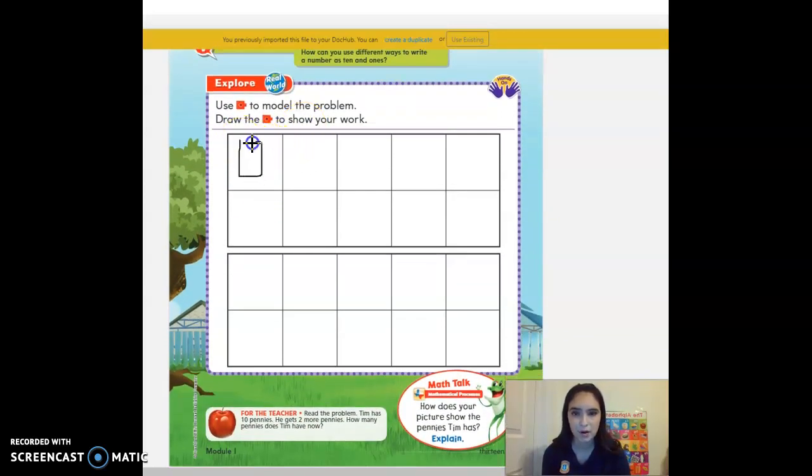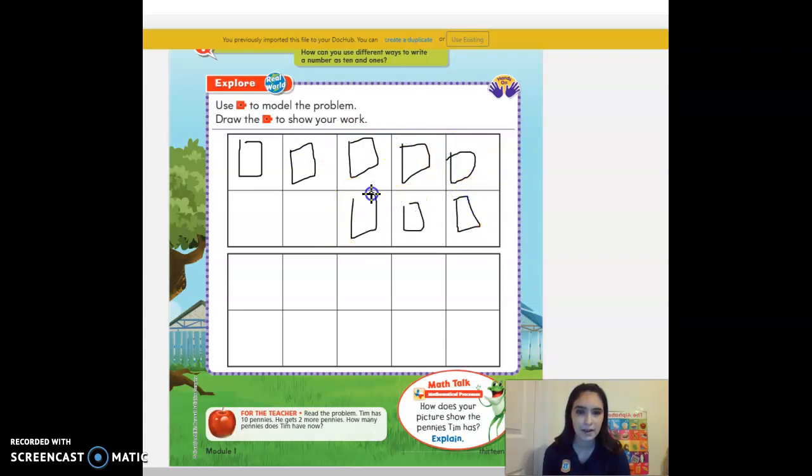So here's 1, 2, 3, 4, 5, 6, 7, 8, 9, 10. All right, great job. So we show in the 10 frame that he has 10 pennies to start off with. But now it's saying that he gets 2 more pennies. How can I show the 2 more pennies that Tim gets?